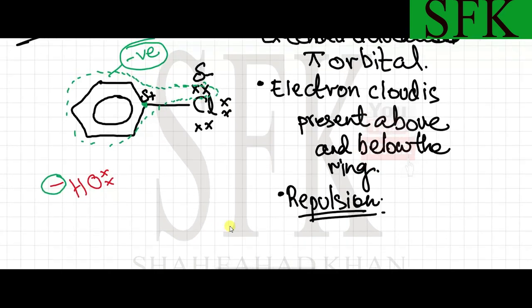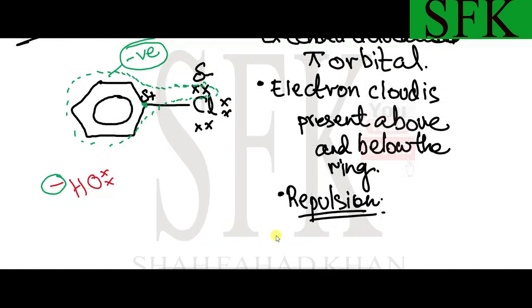An additional point is that the carbon chlorine bond gets a partial double bond character.